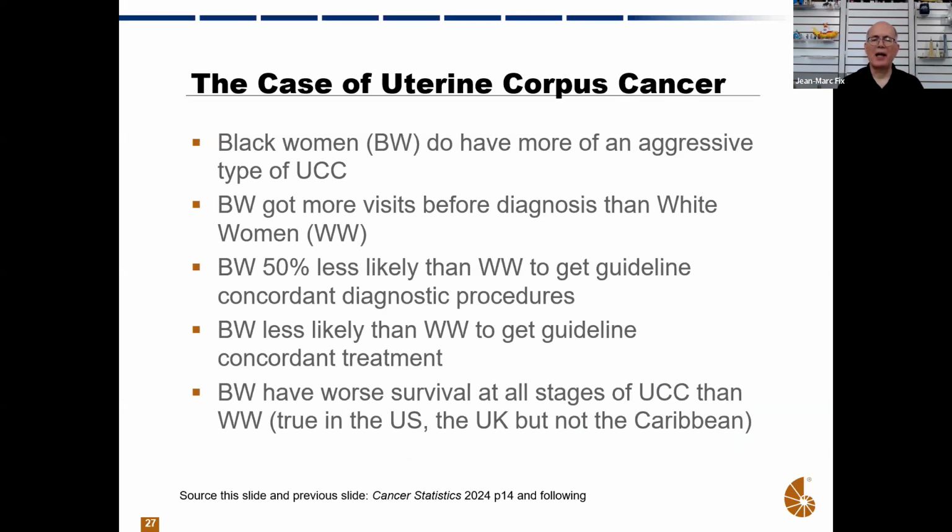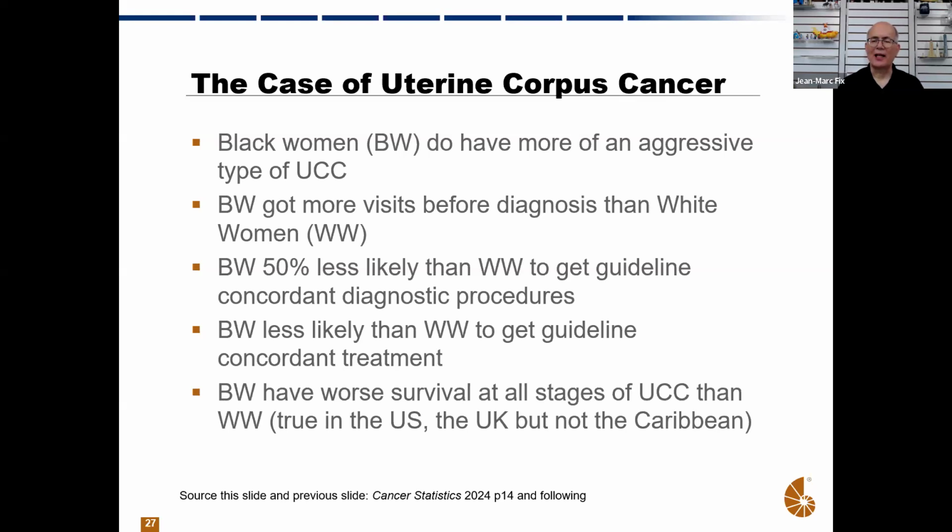But it is true that Black women have a more aggressive type of uterine corpus cancer, but there are a lot of other indicators that point in the wrong direction. First, it takes more visits for them to be diagnosed than white women. And they're 50% less likely to get guideline concordant diagnostic procedures, so the state-of-the-art diagnostic procedures.